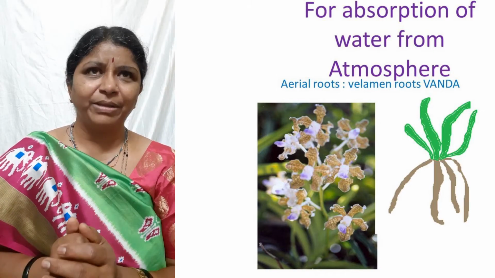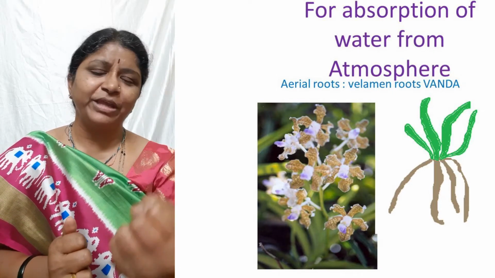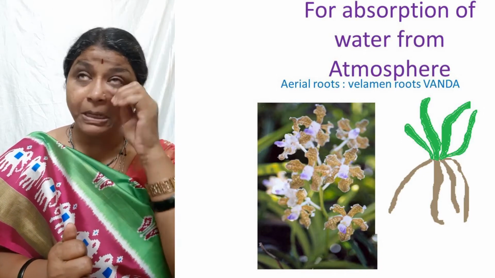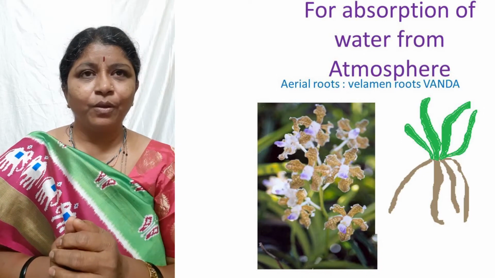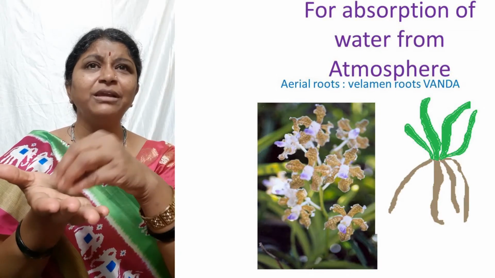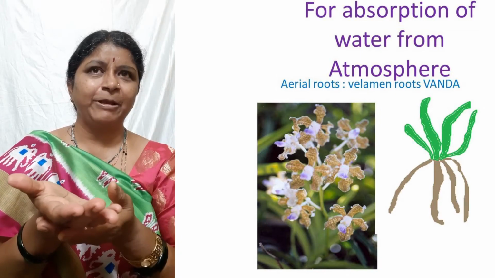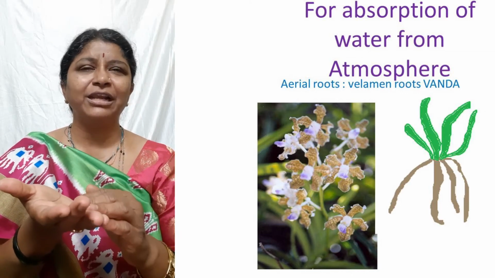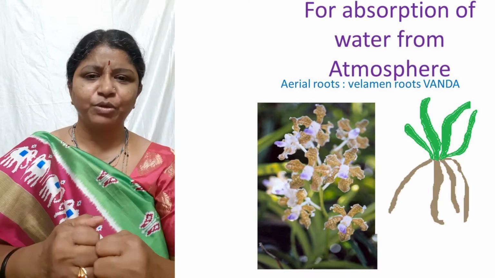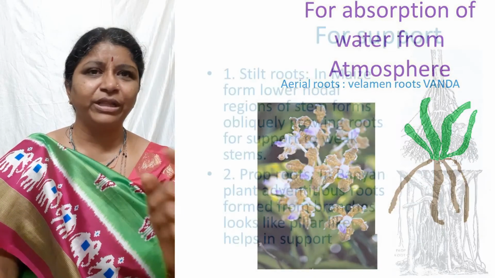And this velamen is able to absorb the atmospheric moisture and give it to the plant. Why this? Epiphytes means they grow upon other plants or branches. Because soil is not available, the roots modify themselves to absorb the atmospheric moisture, like we find in orchids.